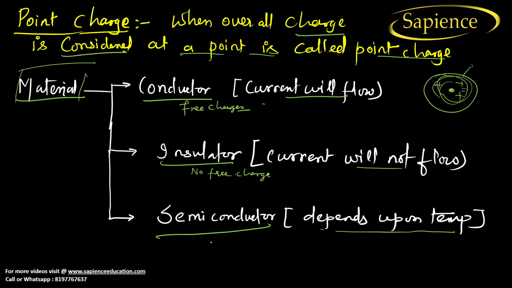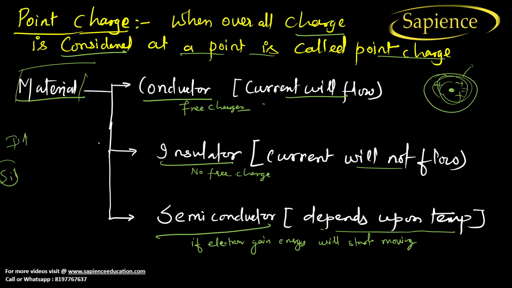And in a semiconductor, what happens is, if electrons gain energy, they will start moving. You have seen that silicon is the best example. In silicon, what happens if temperature increases? There will be a flow of charges.